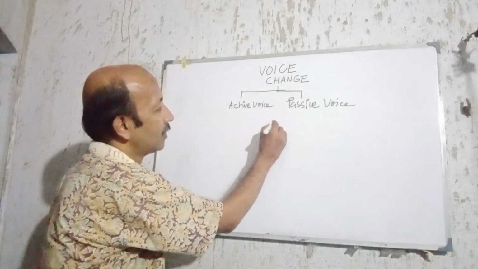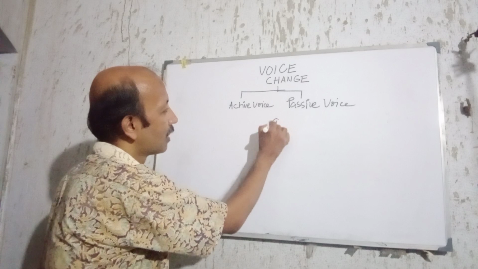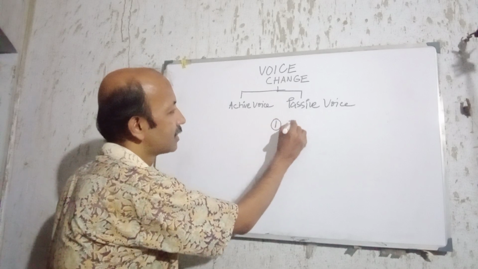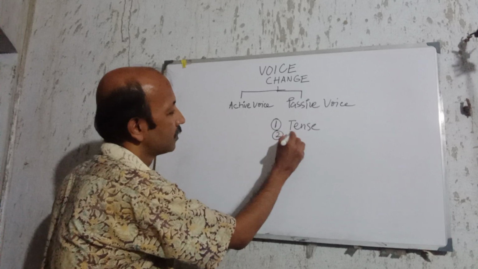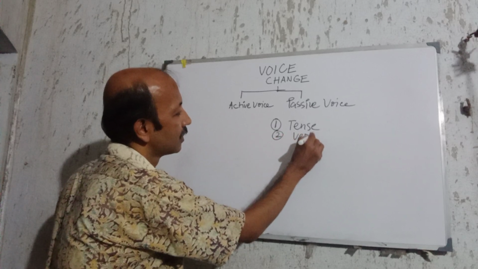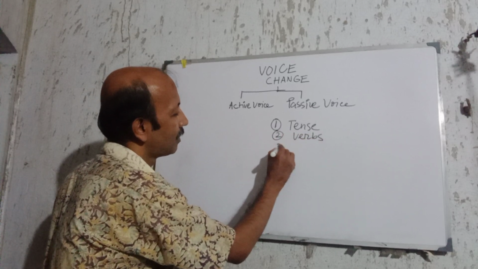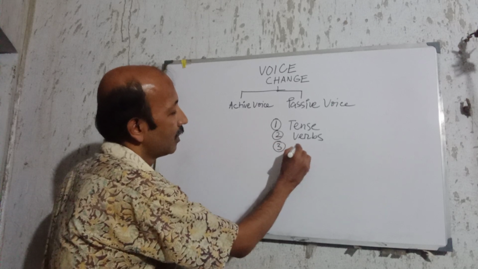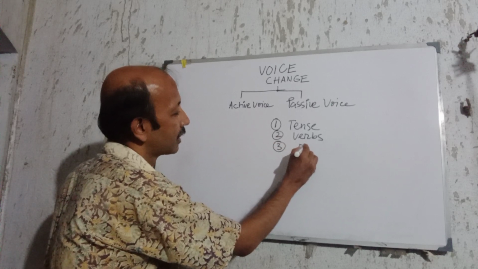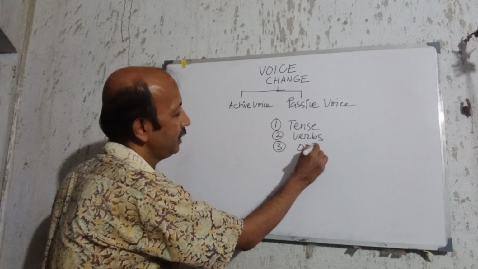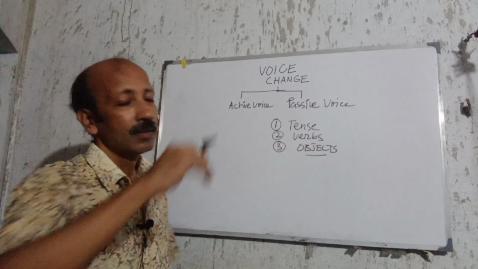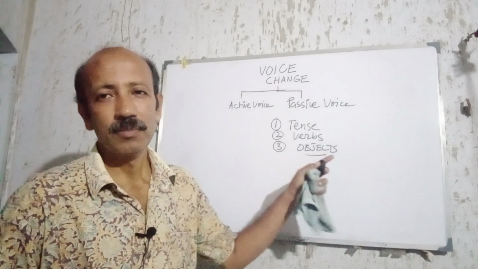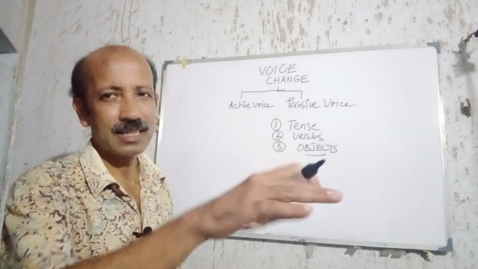Number one, look at it, tense. Number two, verbs. Number three, objects. There are two objects, direct object and indirect object, and that is a separate issue.